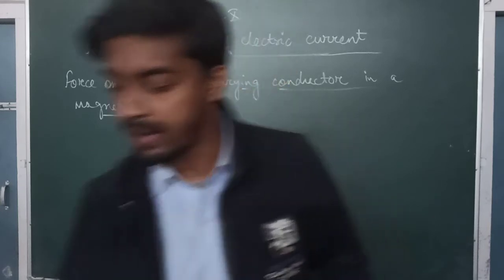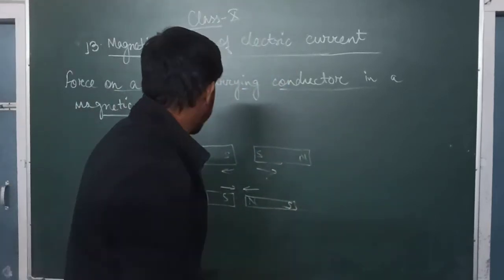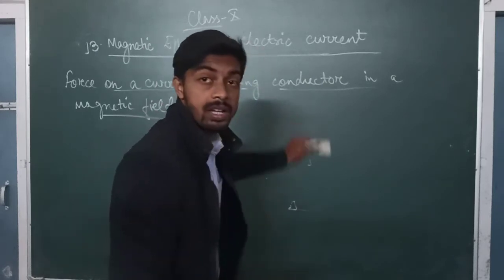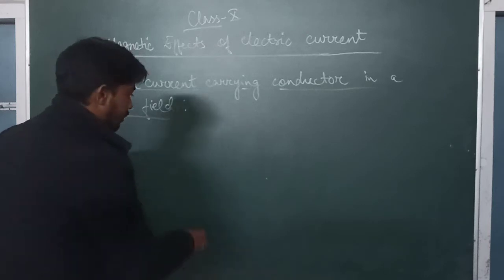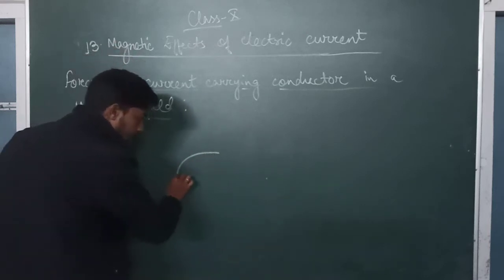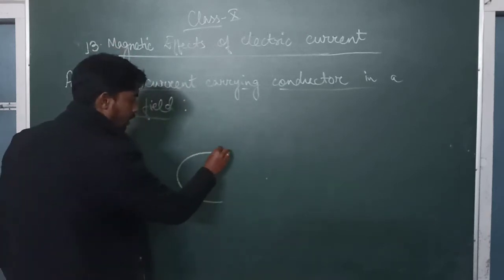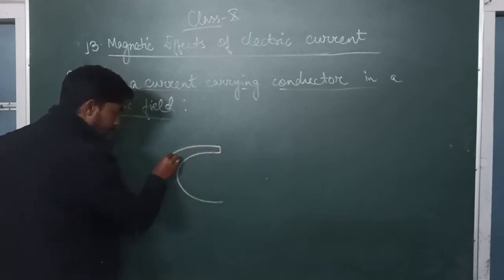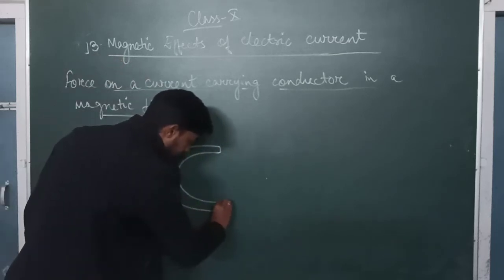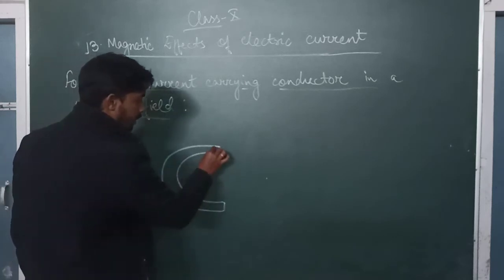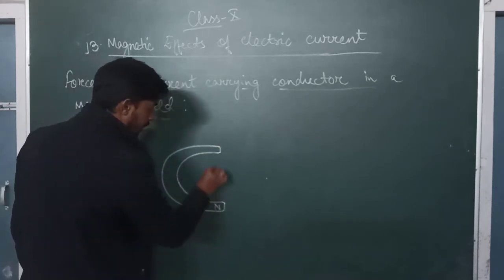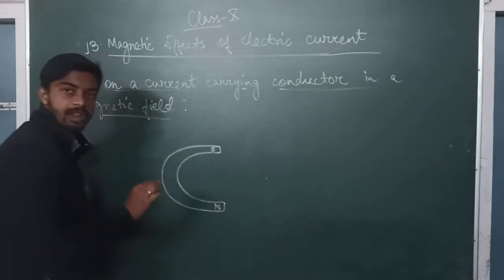So we'll see what happens when we place a conductor inside a magnetic field. Now let us consider there is a horseshoe magnet, or a curved U-shaped magnet. Here is our north, here is our south, for example.